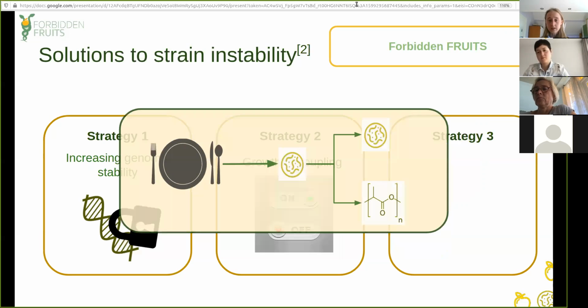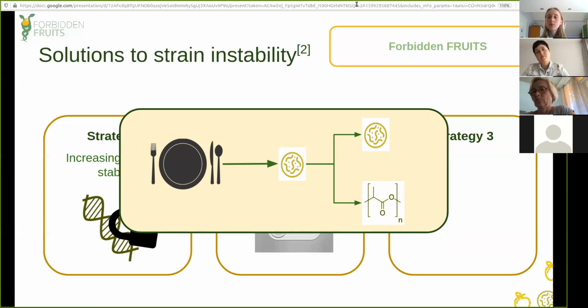And then the third strategy, and this is what we'll explain further, is called growth coupling. This is where the microbe eats food, we make it nice for the microbe, and then in order to make more of itself, it also needs to make product. And Victoria will explain more in detail how this is done, because this has to do with networks.